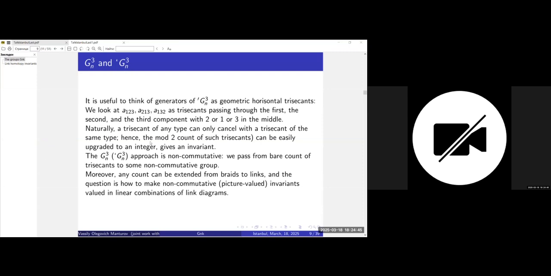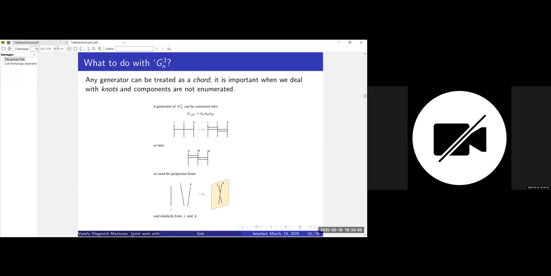So this is a bit more precise, but already GN3 is powerful enough. Well, you may ask what to do with GN3 graphically, how to draw it, and actually what to do later, maybe with links or knots.